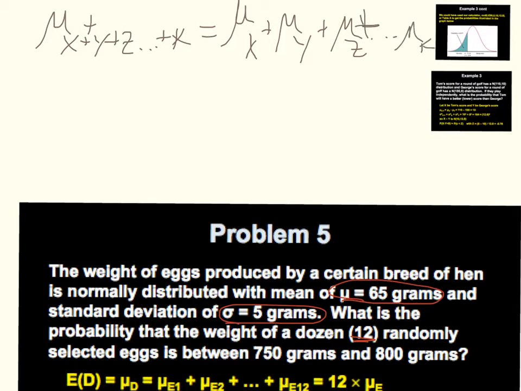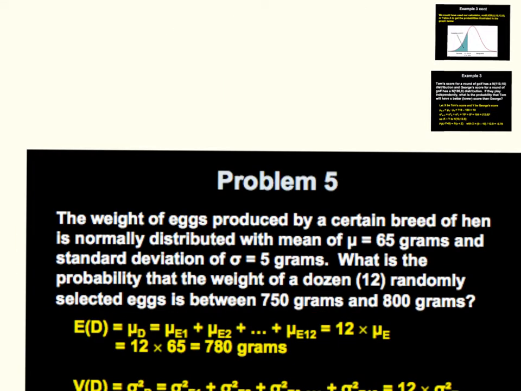Now in this case, it's convenient in that the mean of each one of them is exactly the same, 65 grams. So we're going to add 65 and 65 and 65 and so on, all 12 65s. Which then produces just this.